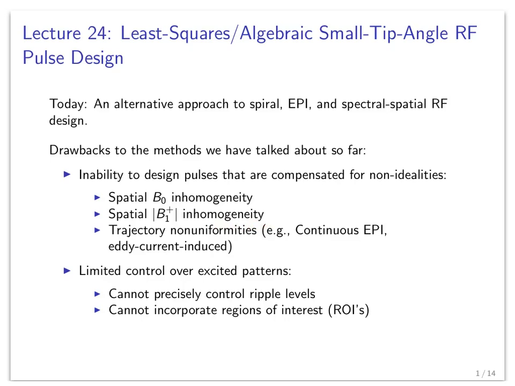Another thing that we can't really account for with the old methods is trajectory non-uniformities. The really obvious case of this is the continuous EPI trajectory. That had a sort of zigzag pattern in kz-kf space, and it induced these distortions, those opposed nulls. If you recall, we had the main null and then these two opposed nulls.